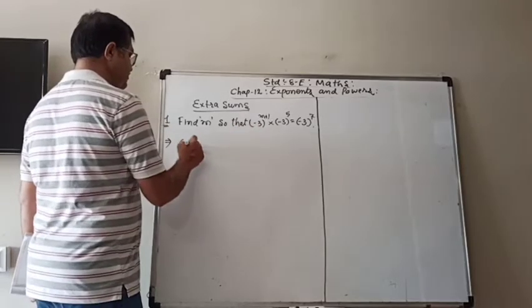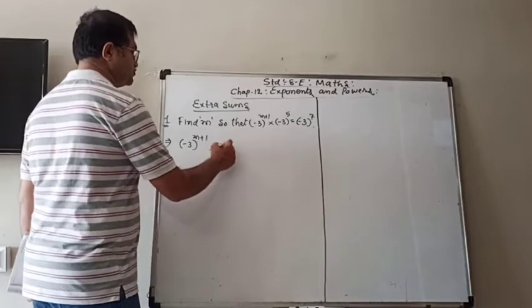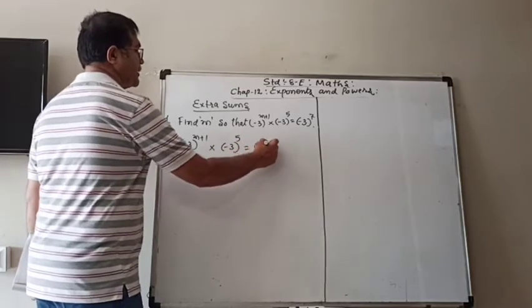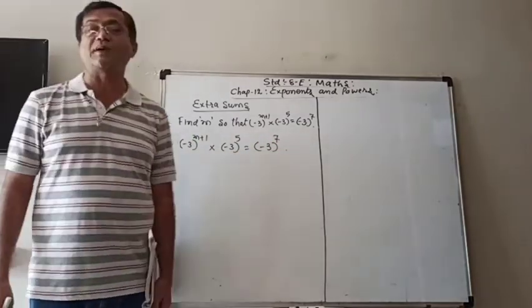So first what is given, we will write down minus 3 raised to power m plus 1 multiplied by minus 3 raised to power 5 is equal to minus 3 raised to power 7.